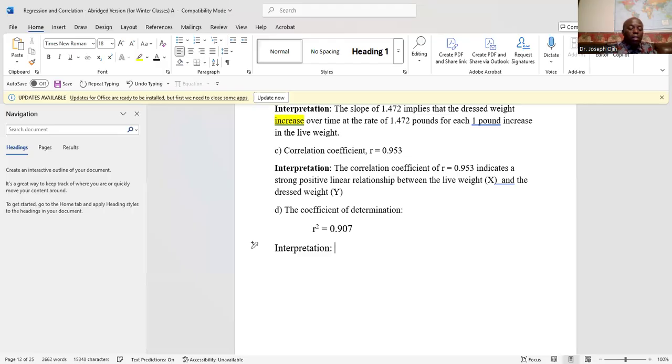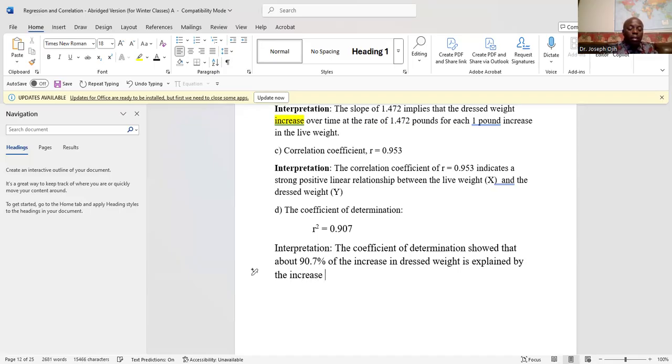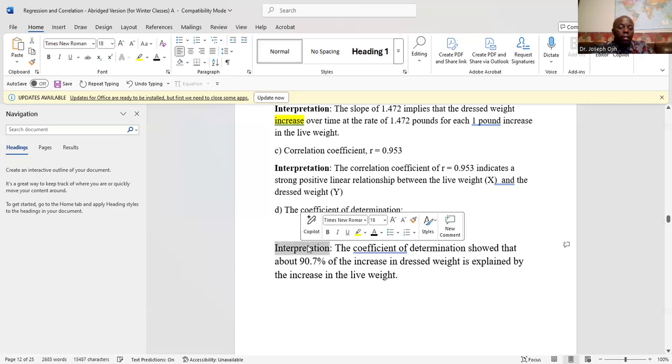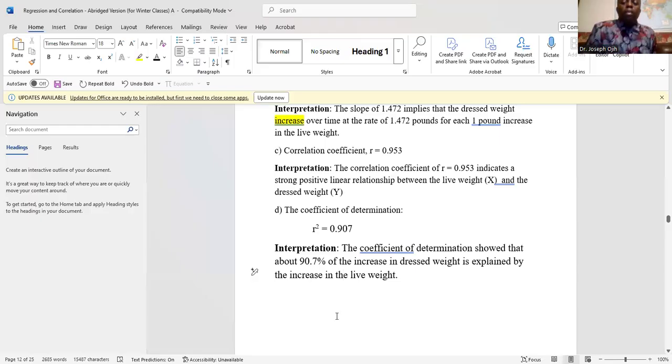About the coefficient of determination showed that about 90.7% of the increase in breast weight is explained by the increase in the live weight. Okay? Yeah, that's it.